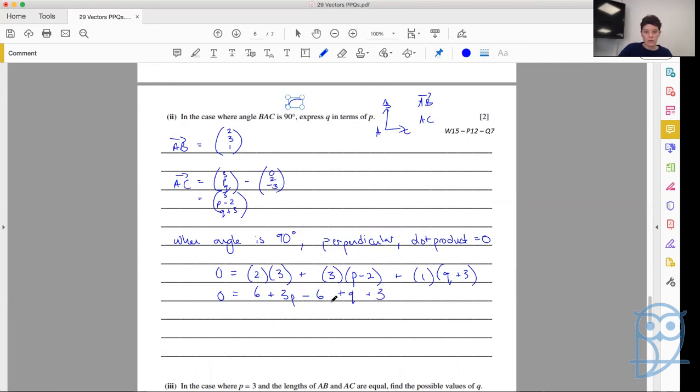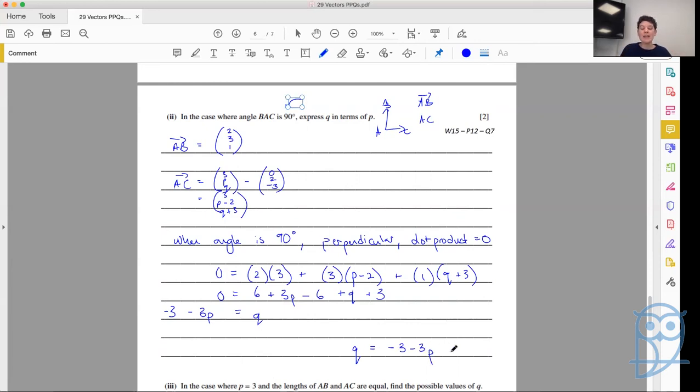So Q equals 6 minus 6 plus 3, move them over, so minus 3. And then 3P would become minus 3P. Just for neatness, because they do want Q as the subject, I would then have a final solution: Q equals minus 3 minus 3P.